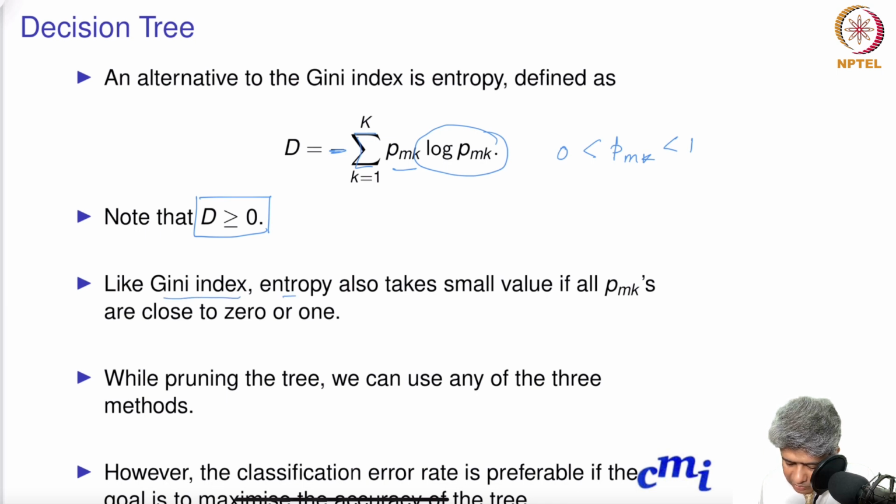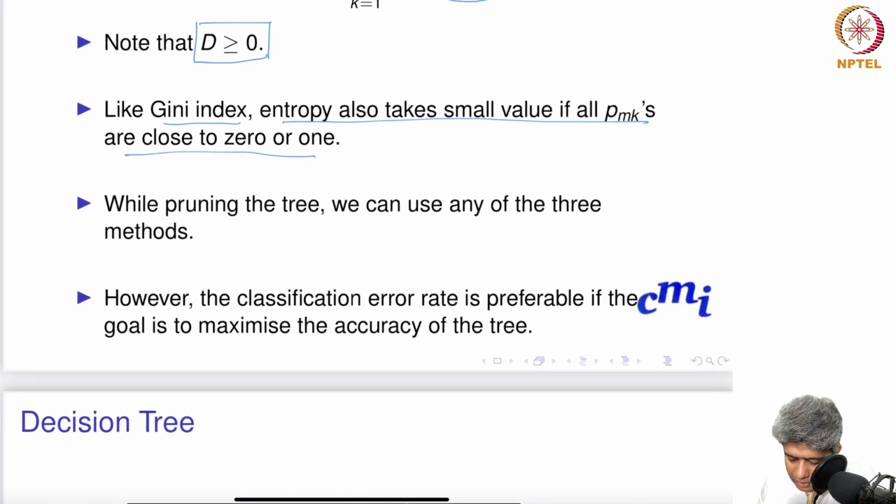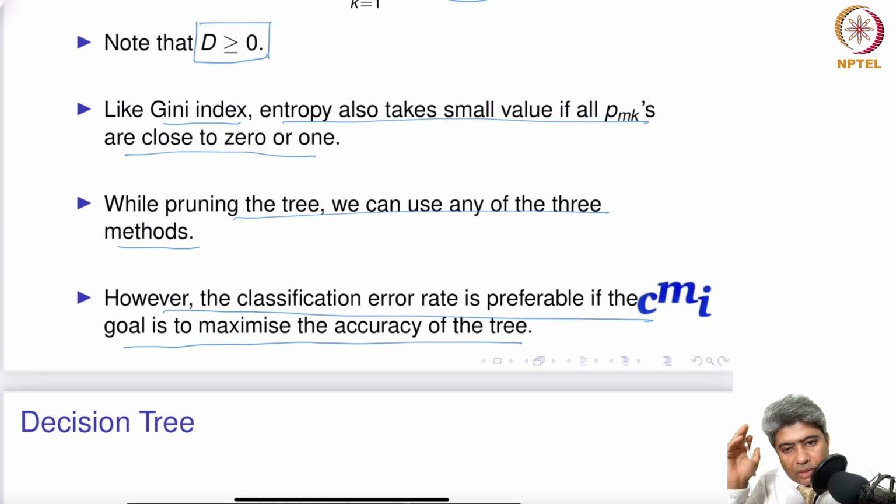Like the Gini index, entropy also takes small values if pmks are close to 0 or 1. While pruning the tree, we can use any of the three methods. However, classification error rate is preferable if the goal is to maximize the accuracy of the tree.